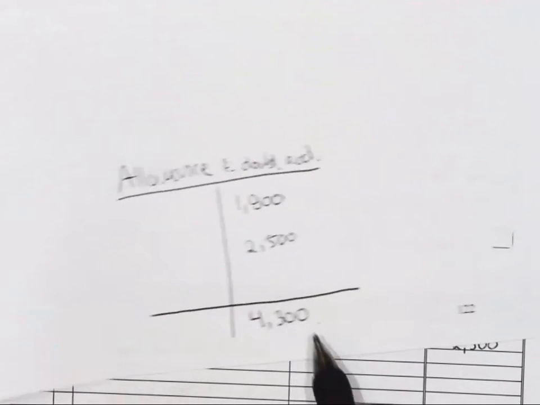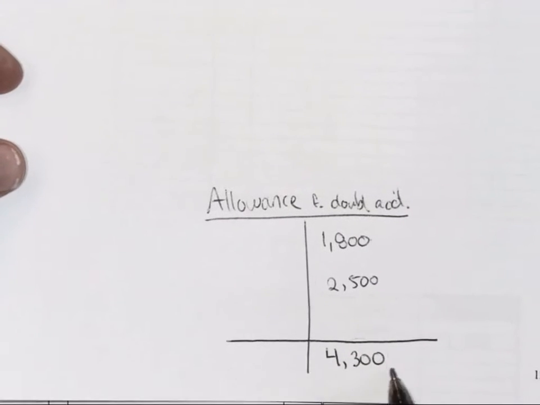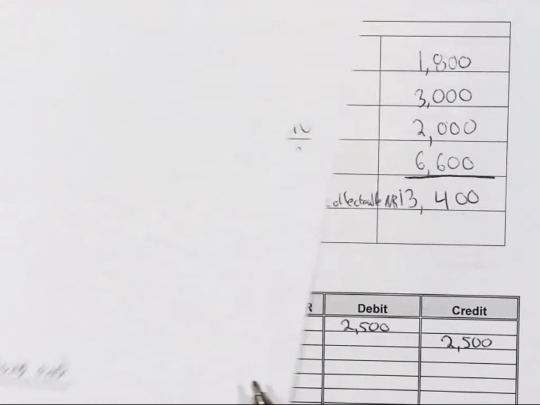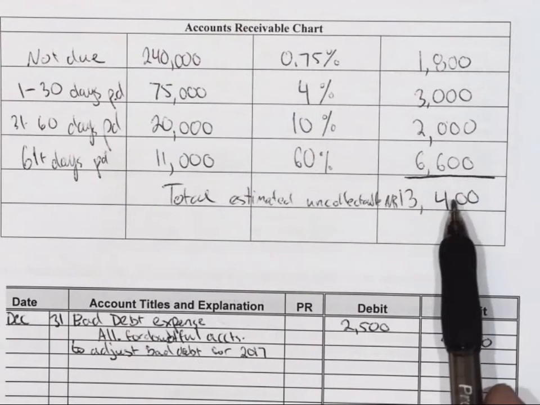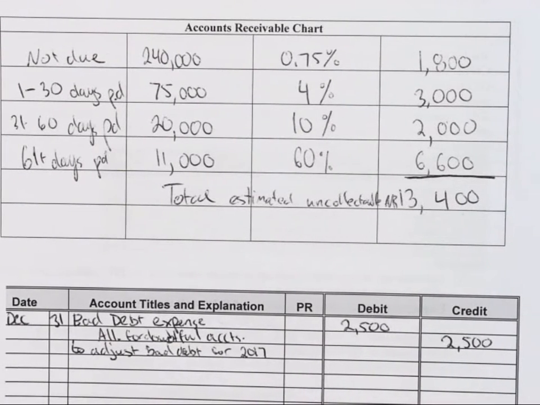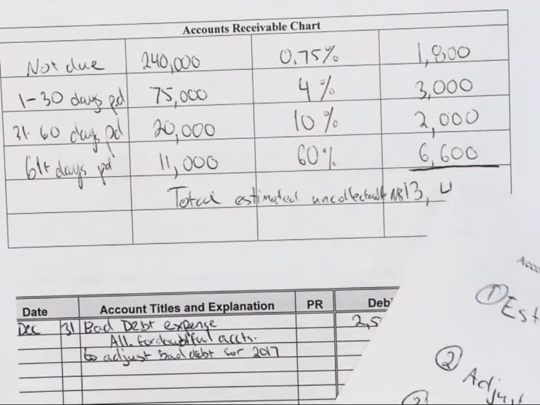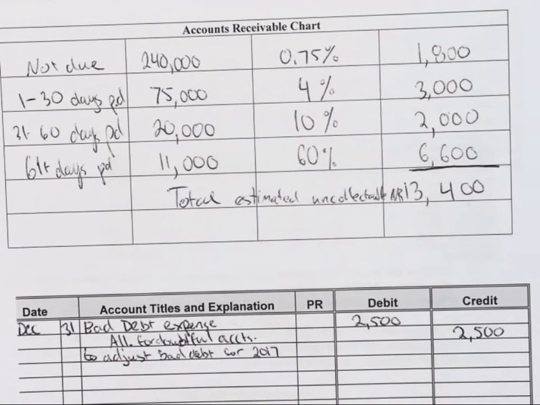The reason we're not going to expense this amount is because we already have a different balance, right? The only chance that this would be the amount we expense is if it's our first year and our balance is 0. So what we're going to do is determine how much we do need to expense.